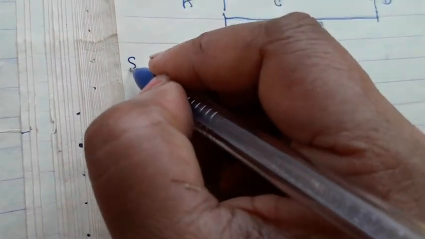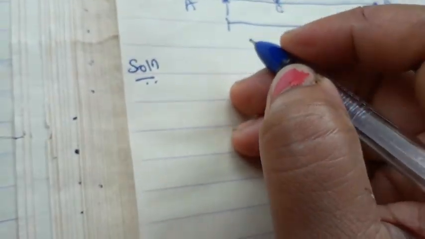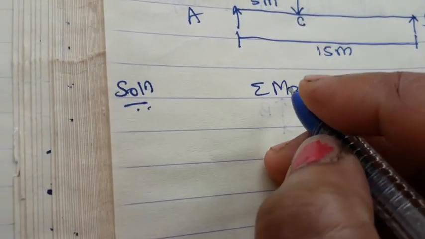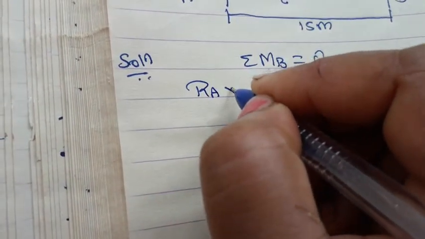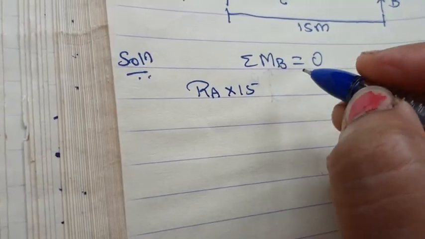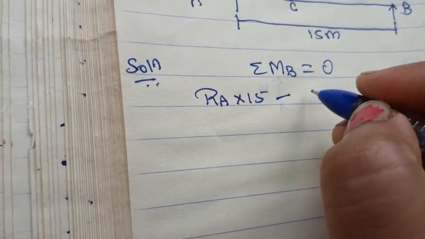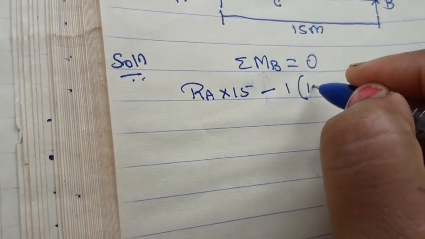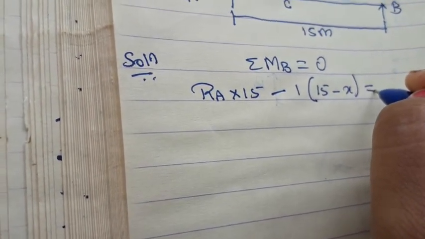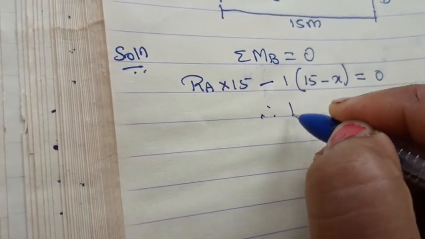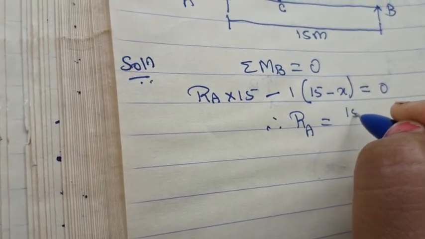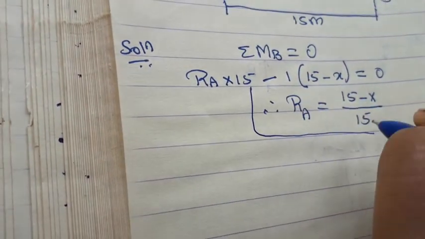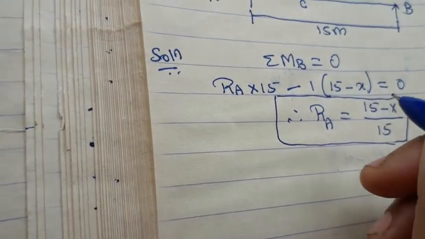Now, what we have to do? We have to find out and we have to draw the ILD. So, let us take sigma MB is equal to 0. Then RA into 15 minus 1 into (15 minus x) is equal to 0. Therefore, RA is equal to (15 minus x) by 15. Okay.